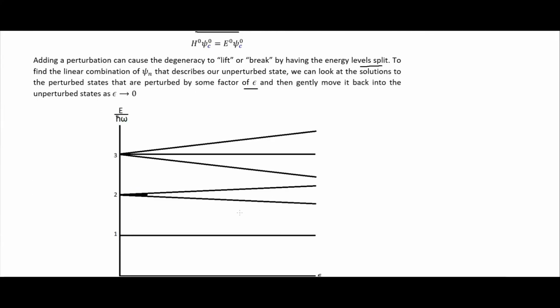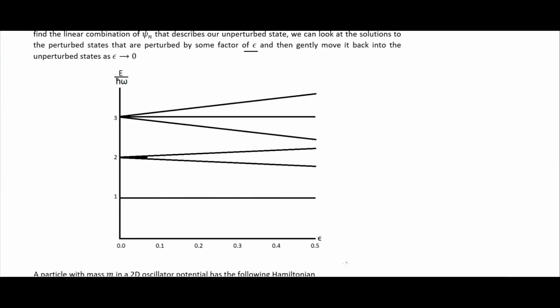We can look at it like this. If we have epsilon that lifts the degeneracy, then when epsilon is at 0.5, we see that our states are all non-degenerate, because the different states will have different energies. That degeneracy has been lifted.